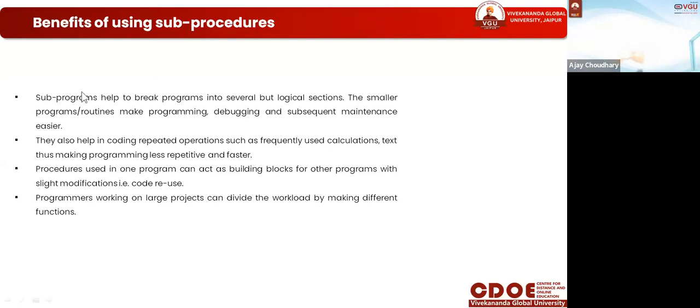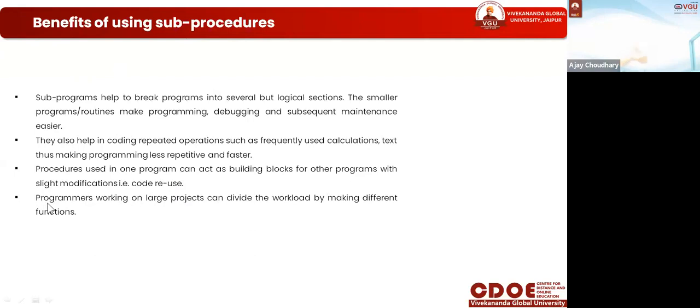Some variables are the same, but the procedure, the logical part, may be different. So for that clarity in our programming, we define each procedure in subprograms. A procedure used in one program can act as a building block for another program with slight modification. So we can achieve code reuse.